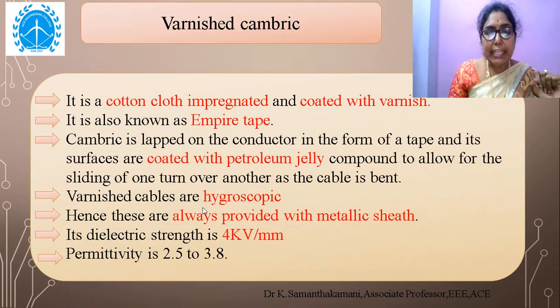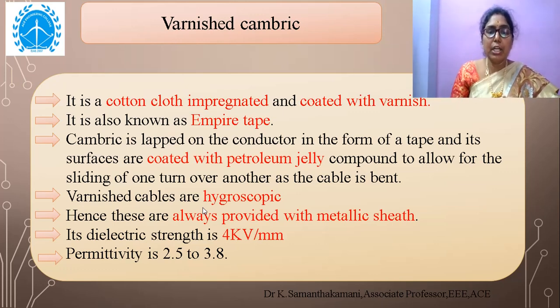Coming to the varnished cambric. You should understand what a cambric material is, and when it is coated with a varnish, its insulation properties increase. Basically, it is a cotton cloth coated with a varnish. This can also be called empire tape, and during this process, petroleum jelly is also used.